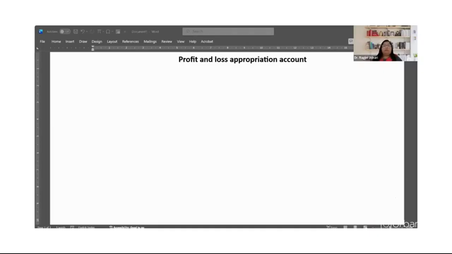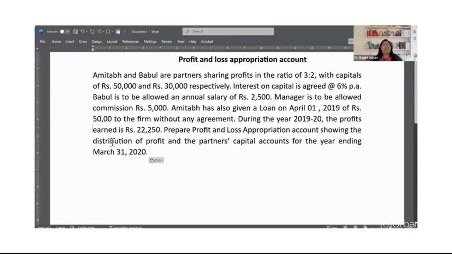Now let us move to understanding this account more through a question. The question says two partners are sharing profits in the ratio 3:2 with capitals of 50,000 and 30,000 respectively.